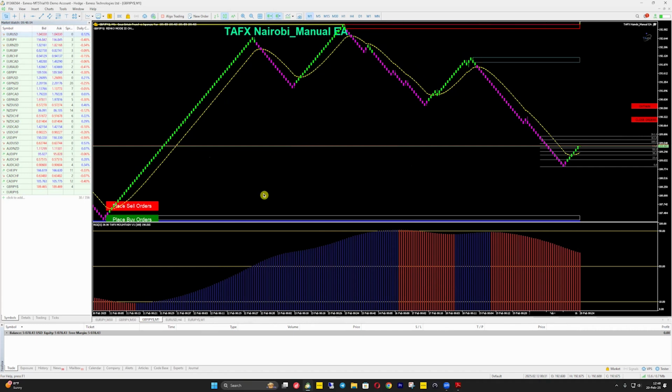So that's why you have to understand the manual and the EA. And I say the only manual part is placing the order by yourself, or else the other stuff is 100% EA. This is why we are saying our manual EA is 95% EA, because our manual EA also contains the EA. It is manual, but also with the EA.